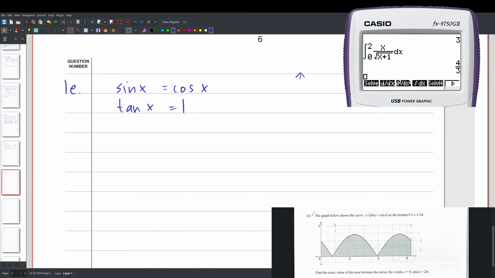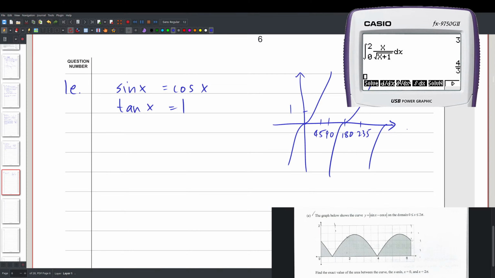And then you get this kind of graph for tan x. It hits 1 at around 45, there's 90 as the asymptote, then 180, and it hits 1 again at around 235. Oh, everything's in radians. Okay.